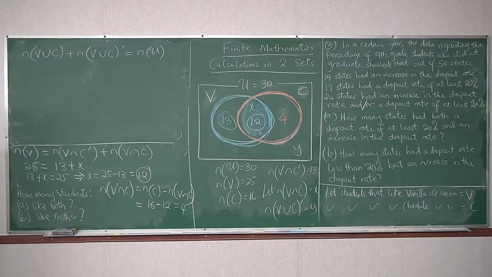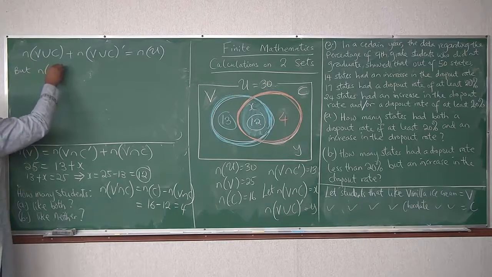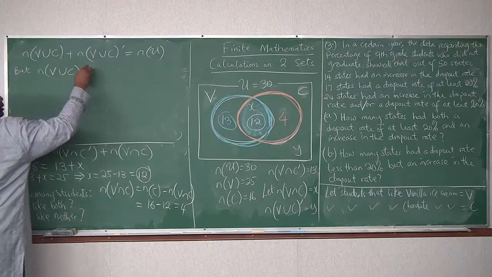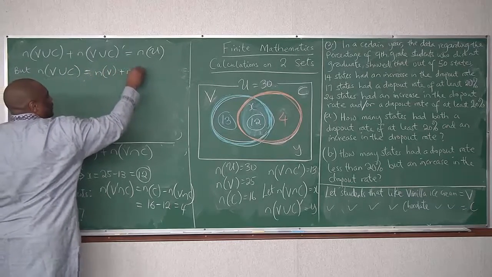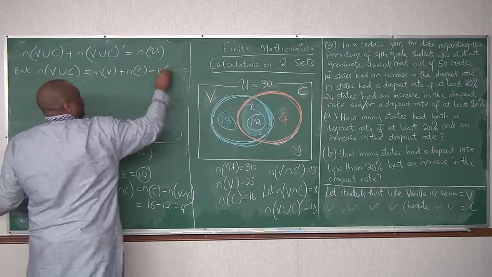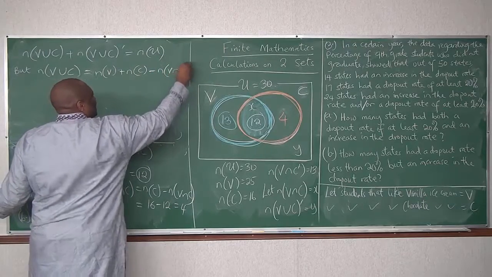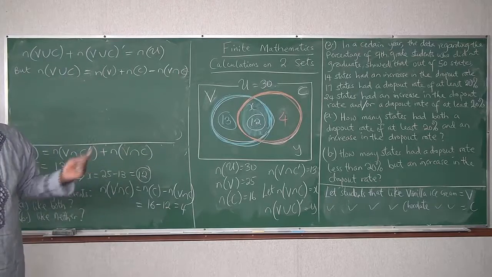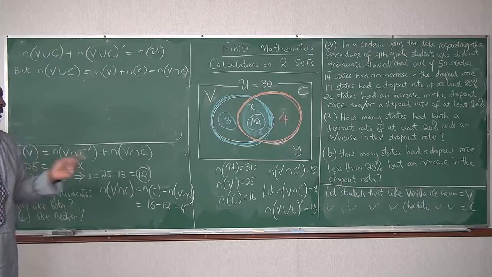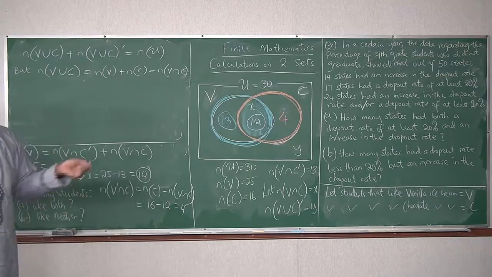Now the cardinality of vanilla union C will be the cardinality of vanilla plus the cardinality of C minus the cardinality of vanilla intersect C, from the formula I gave you. Or you can just do it: 13 plus 12, 25 plus 4, 29.